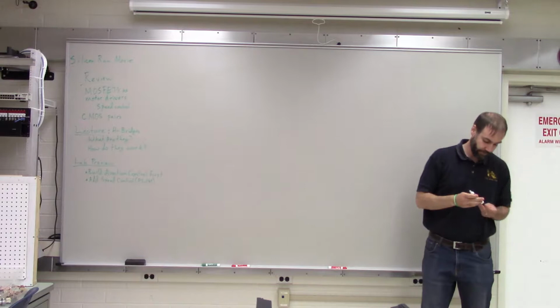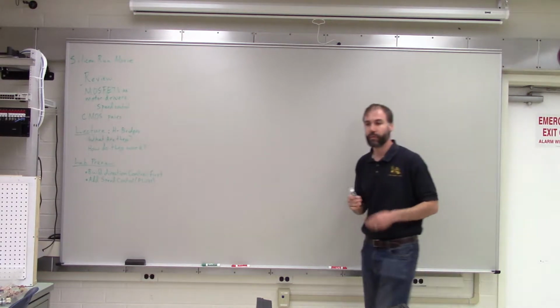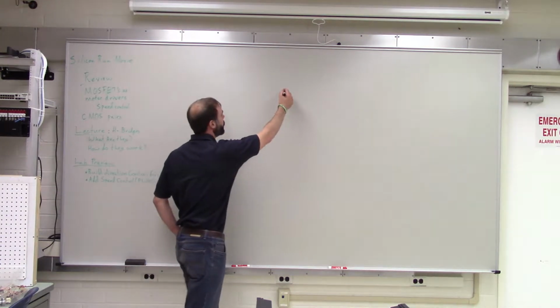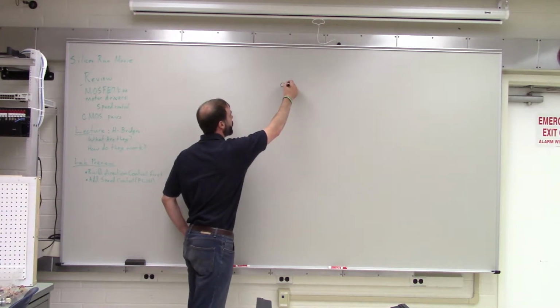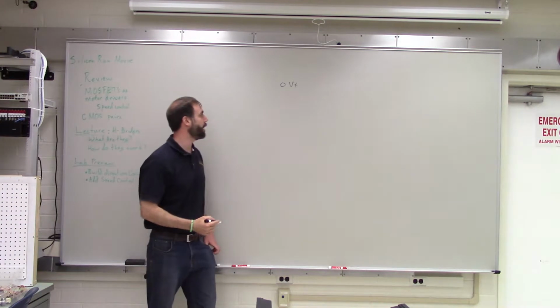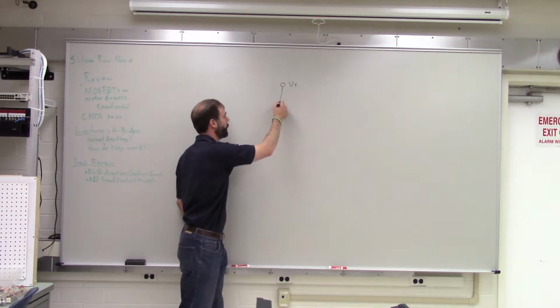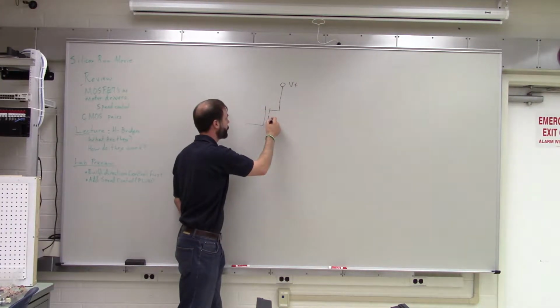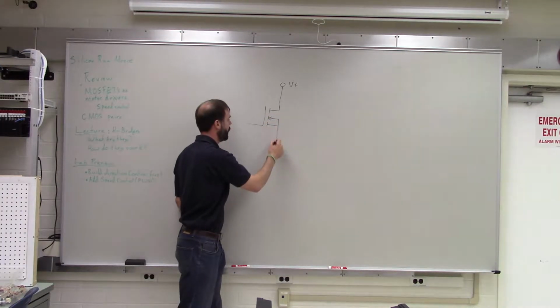So last time we talked about MOSFETs, and we said that the basic idea was we had a power supply up there, and then we had our MOSFET here. And our motor was down here.